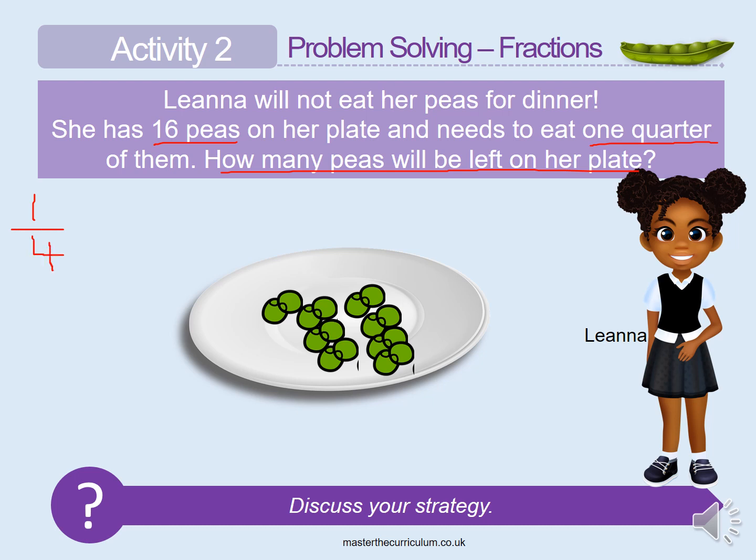So if we are dividing things into quarters, if we're finding a fraction of something and we're looking for 1/4 of something, there will be 4 equal groups. So it's up to you how you do this. So here's my 4 groups. And she's got 16 peas. So I'm going to make sure that they are all in equal groups.